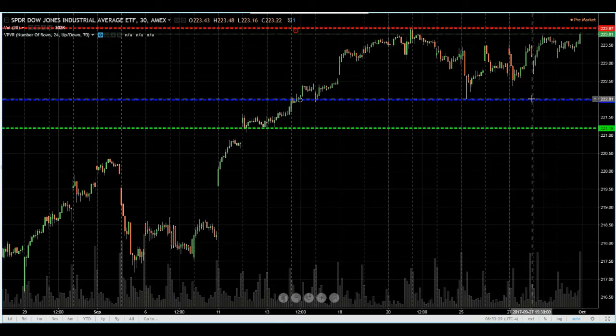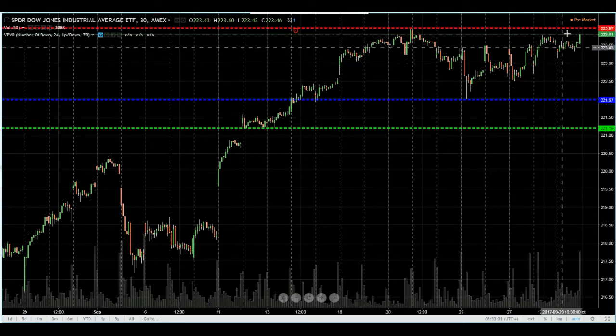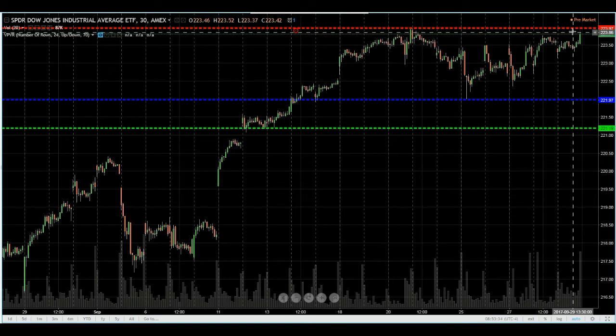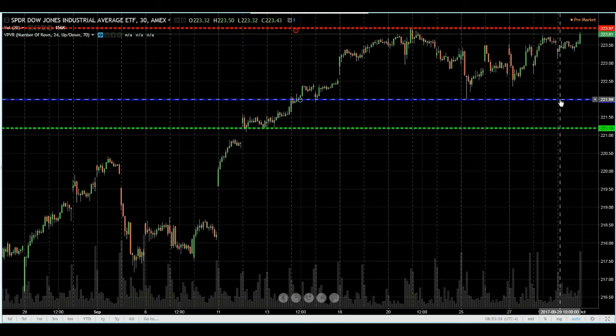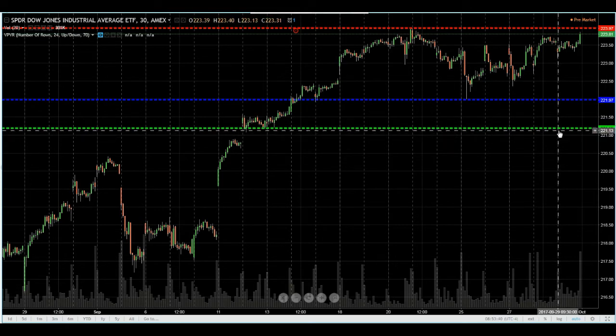This is the next area of liquidity that if I do take a short, I'd be watching for a retest of this area, and where I want to buy is 221.13ish, 221.18. So that's kind of my thing.